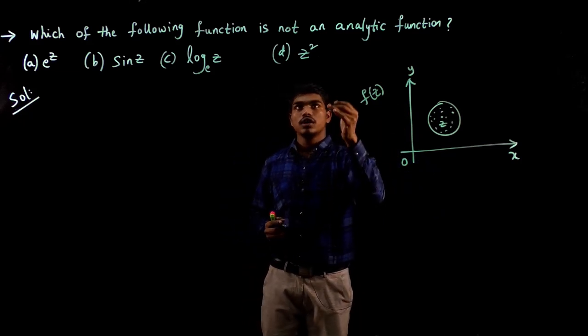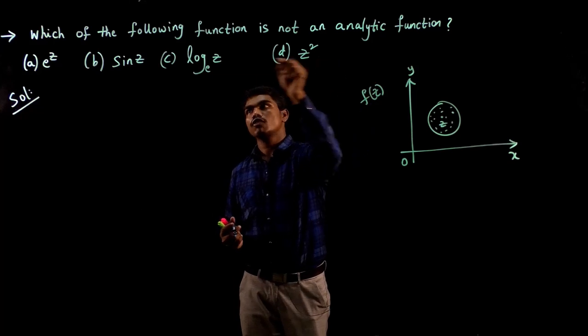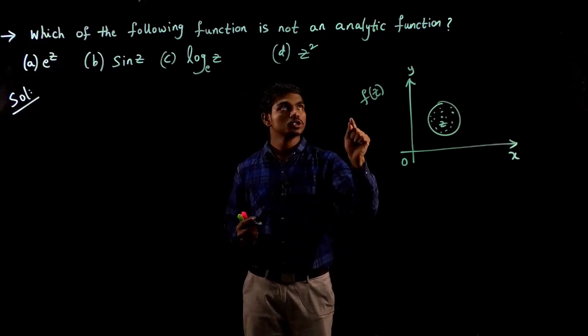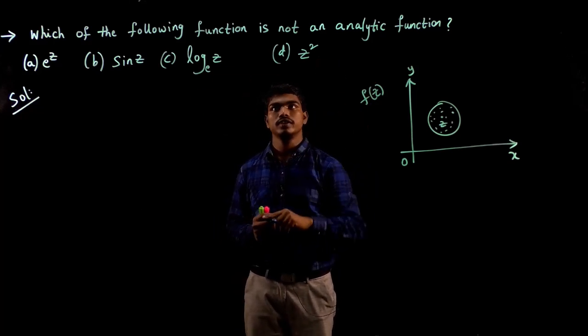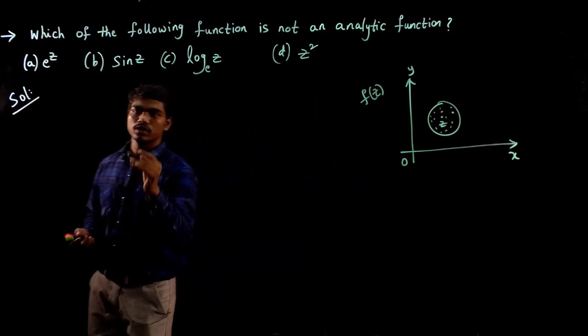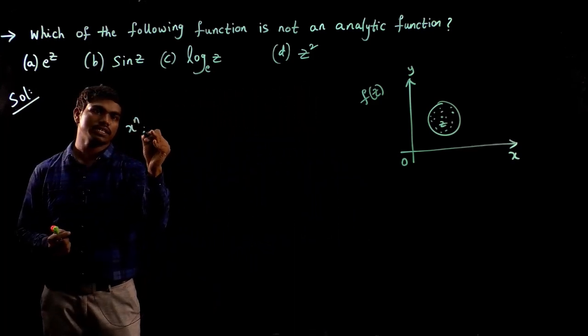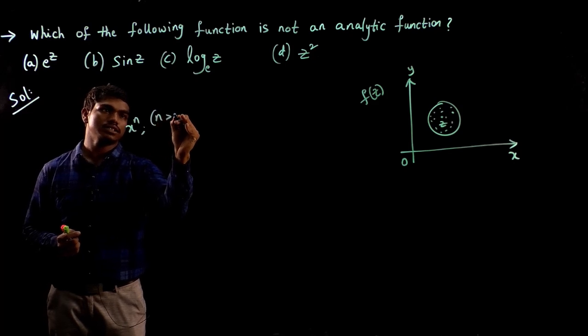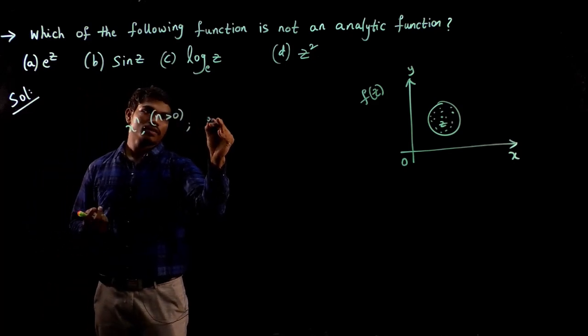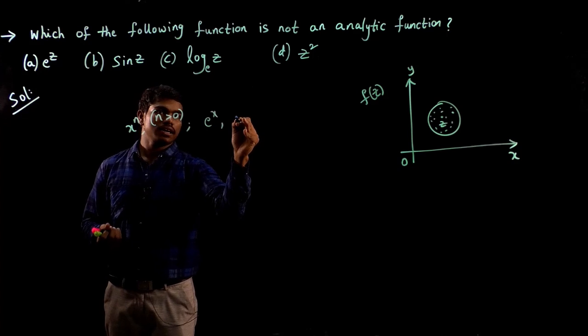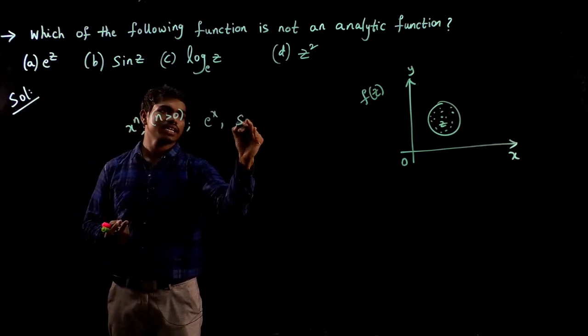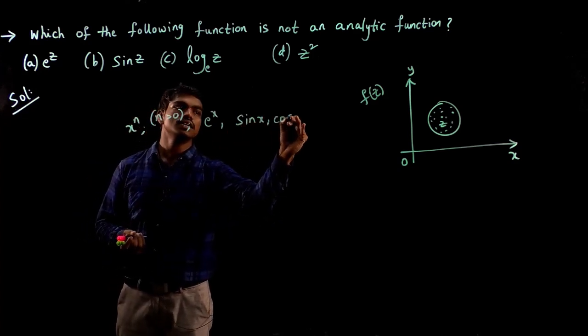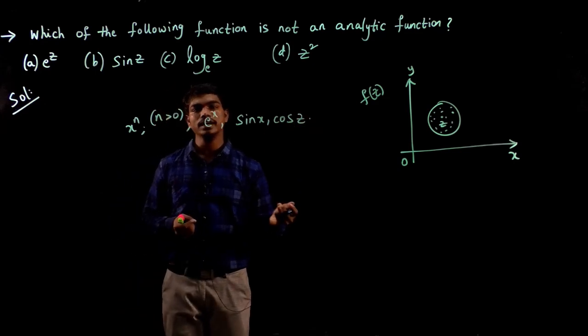The normal rules for differentiability of complex functions are the same as the rules for differentiability of real valued functions. In real calculus we know all polynomial functions like x power n, of course n greater than 0, and e power x, sin x, cos x, are generally differentiable at all points on the real number line.